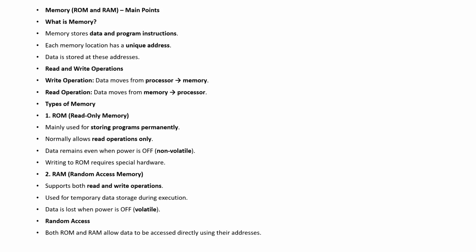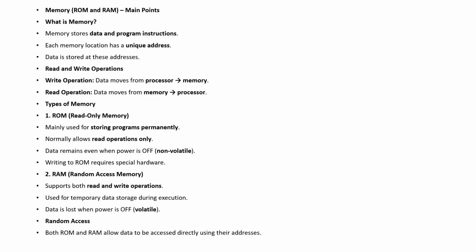Non-volatile basically means that when power is off, data remains. Writing to ROM requires special hardware. So if you want to write in ROM, that requires a special kind of hardware.